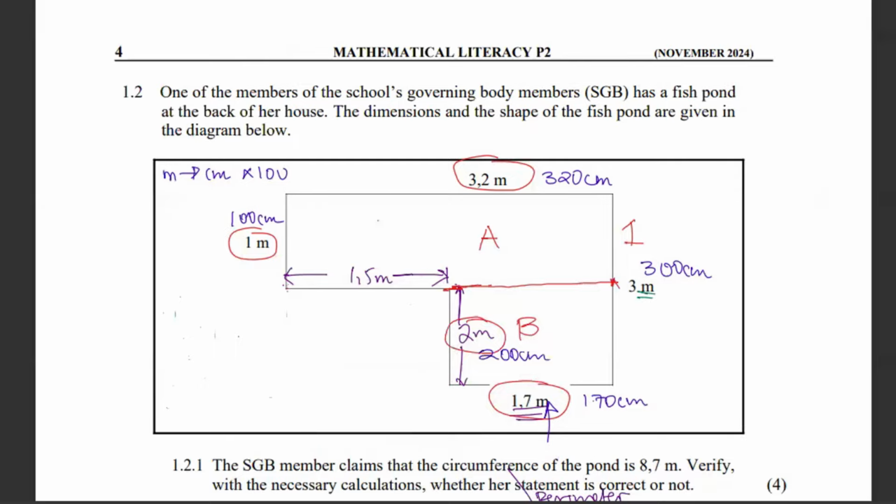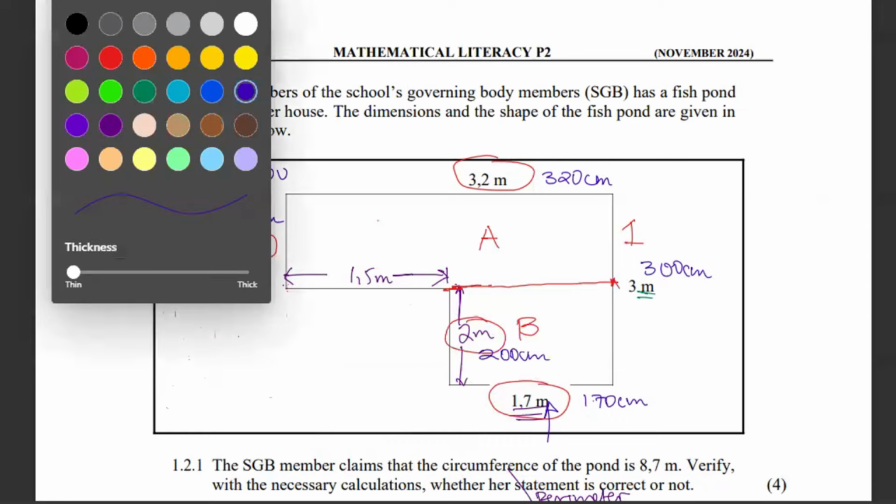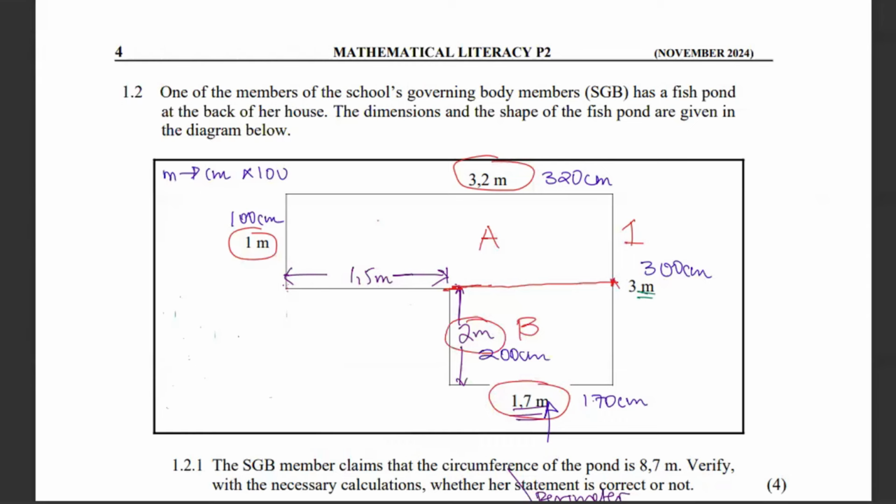So now we are continuing. Area of A now becomes 320 times 100, and it gives you 32,000 centimeters squared.